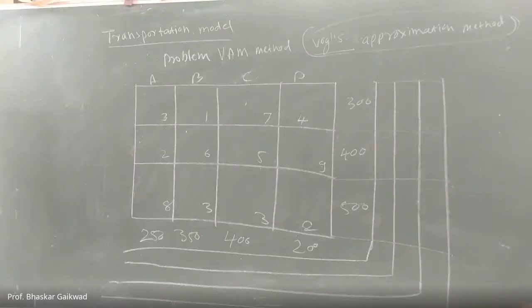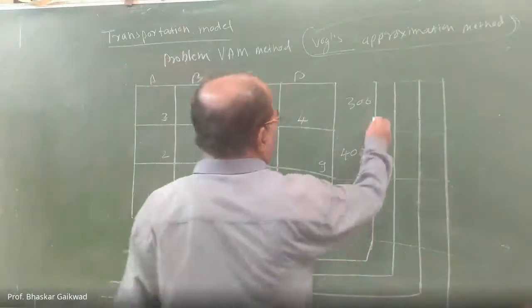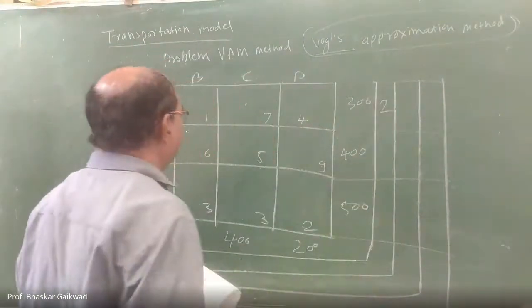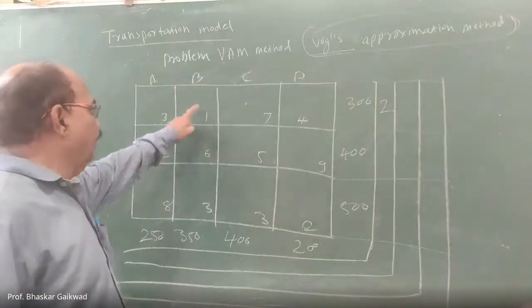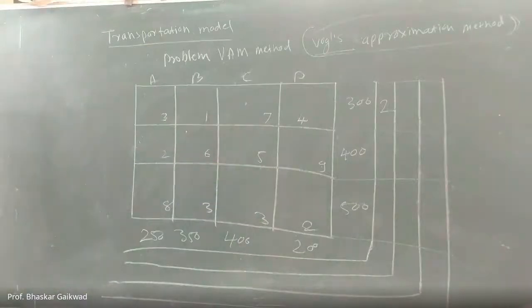And the next minimum value? 3. What is the difference between 3 and 1? 2. So here you can write 2. Minimum and next minimum value, you have to write the difference, that is 2.